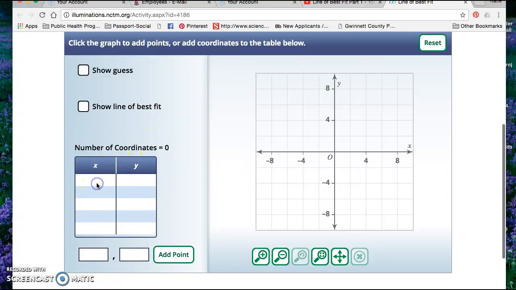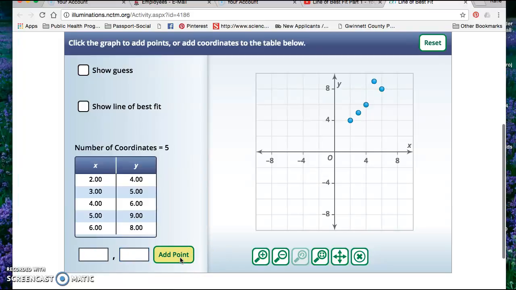So let's say I pick points, I don't know, let's go with 2, 4, and then I go, okay, 2, oh, well, let's do 3, 5, okay, then we'll do 4, 6, alright, and then I can do 5, let's get crazy and do 9, and then we'll go back and we'll do 6, 8.